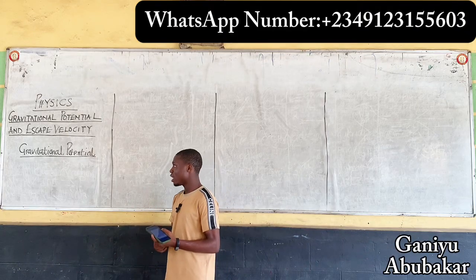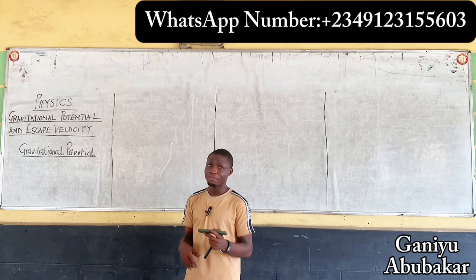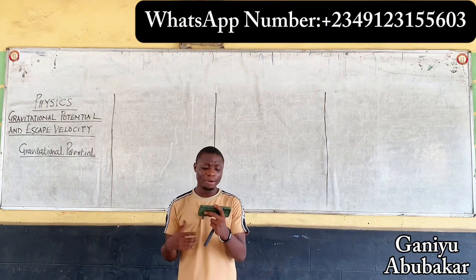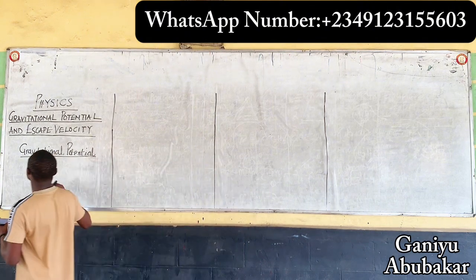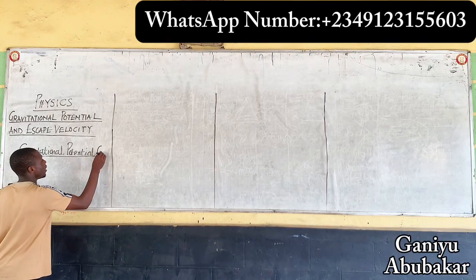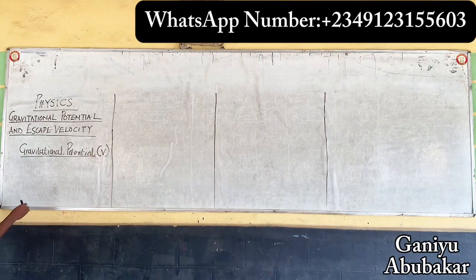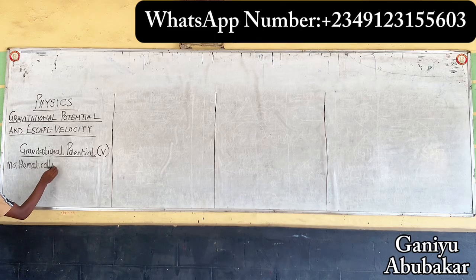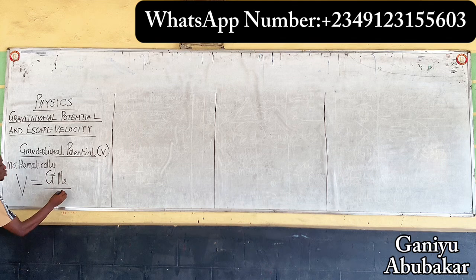Gravitational potential is represented by V. Mathematically, gravitational potential V is equal to the product of the gravitational constant and the mass of Earth divided by the radius of Earth.